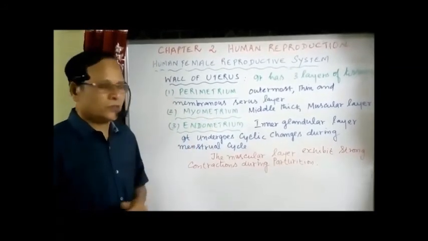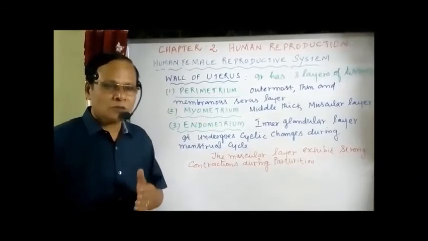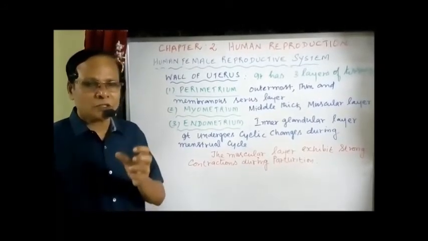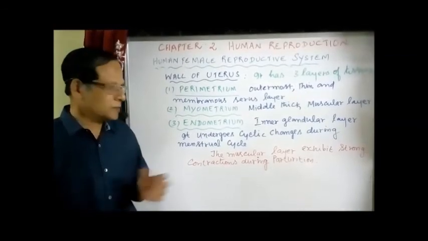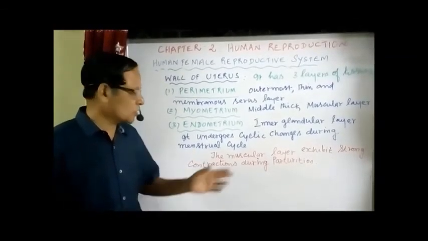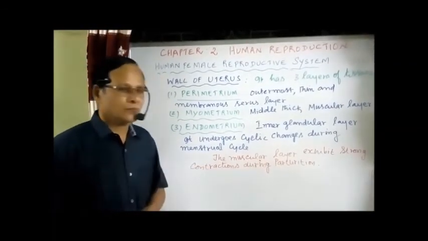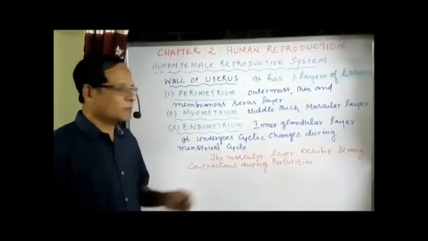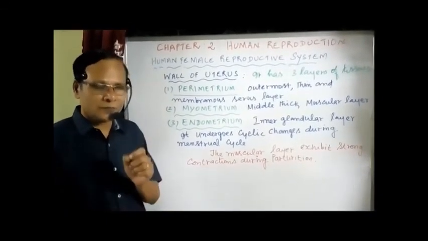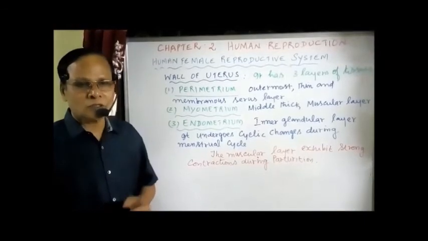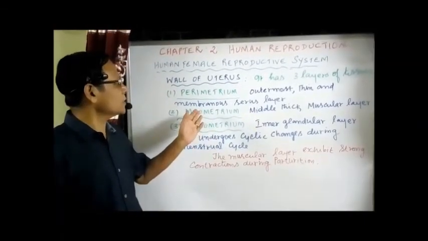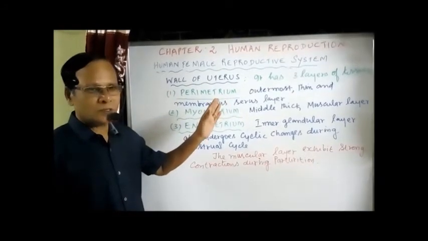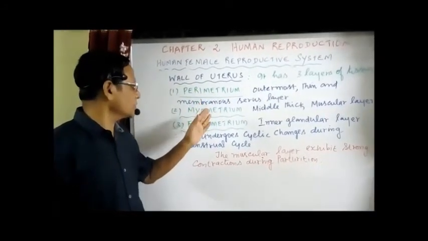The myometrium is responsible for exhibiting strong muscular contractions during childbirth, which results in the delivery of the baby. Childbirth is otherwise called parturition. So the function of the myometrium is to exhibit strong muscular contractions during childbirth or parturition. That's about the various layers present in the uterus: perimetrium, myometrium and endometrium.